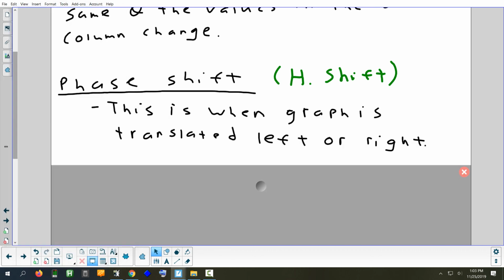A lot of this stuff you guys are going to already know, because this is written for people who've never seen transformations before. So if you already know something, you don't need to write it.